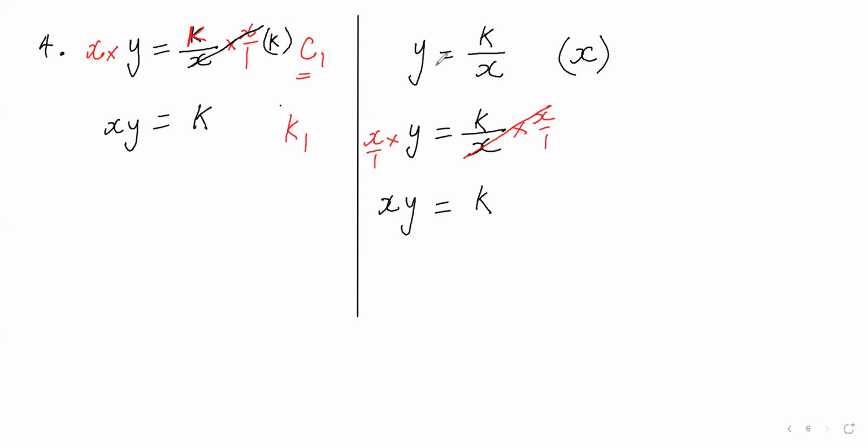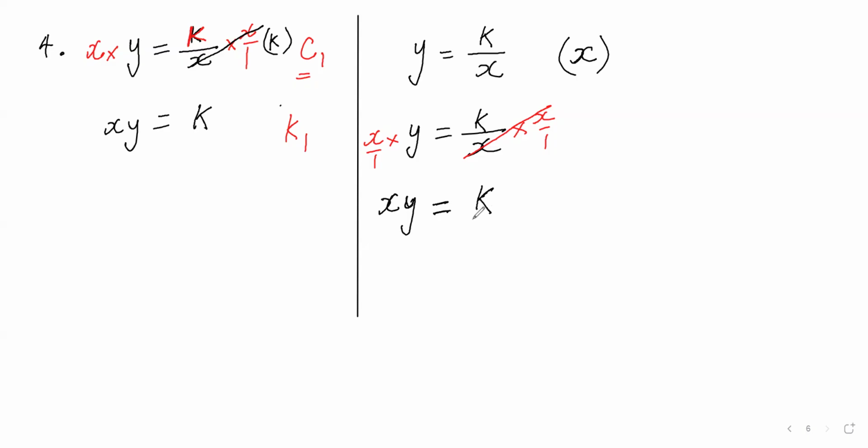So I'm saying y is equal to k over x, and we're finding for x. To find for x, we multiply through both sides by x. So when we multiply both sides by x, we get xy equals k. But remember, we're finding for x. So Tyrell, I have x times y equals k, and I'm finding for x.